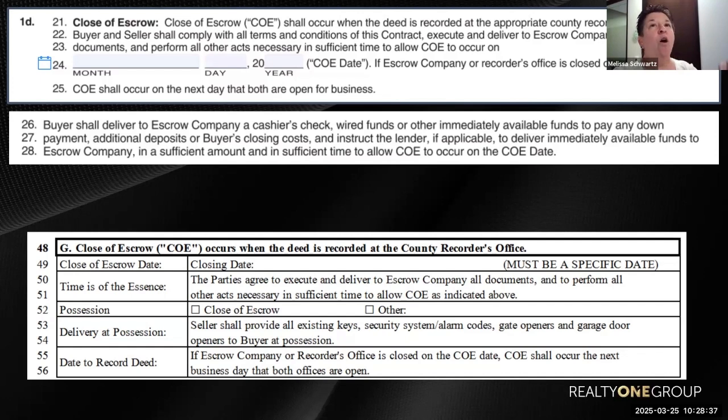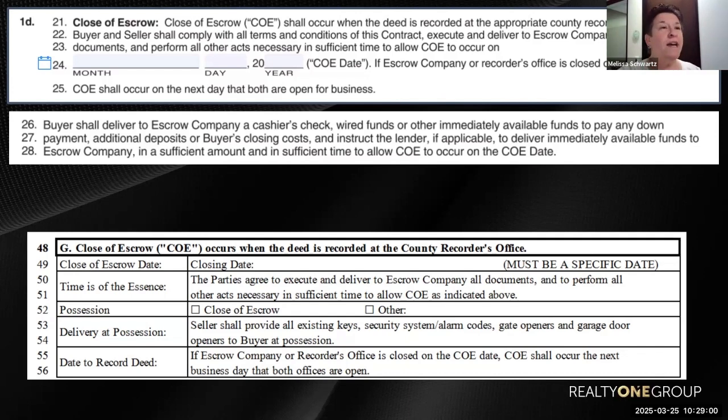And think about how many dates in the purchase contract are specified based on what the close of escrow date is, right? When can you file the cure notice? When do you have to have closing docs? When do you have to have your clear to close? I mean, all sorts of things are based off of that date.